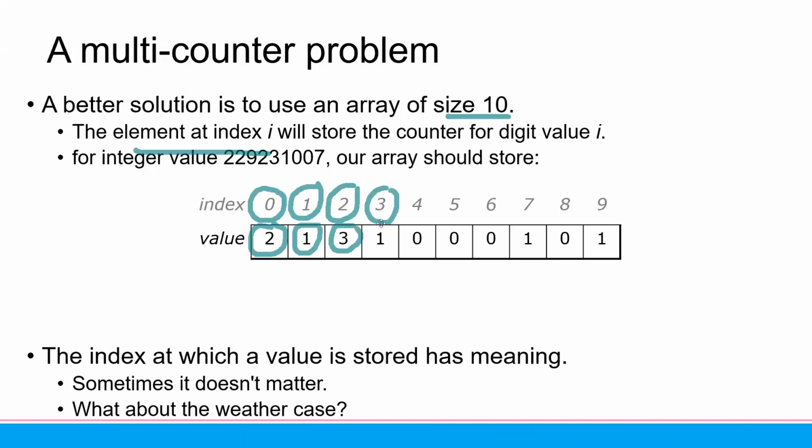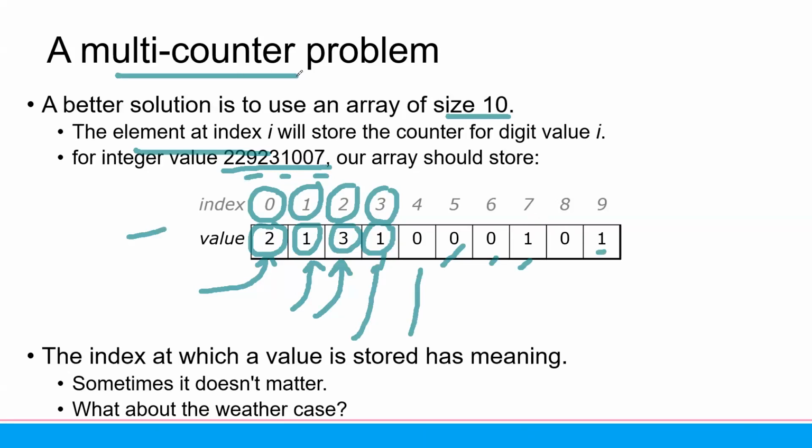If we have any 1, we count it here. If we have a 2, we count it here, and a 3, we count it here. So this integer has two 0s, one 1, three 2s, one 3, and one 7 and one 9. Using this kind of array, we can solve the multi-counter problem.